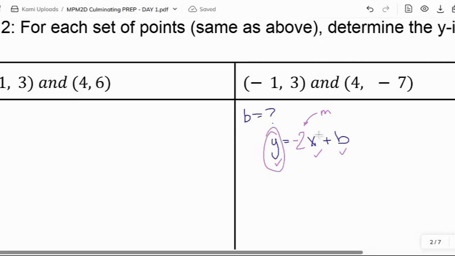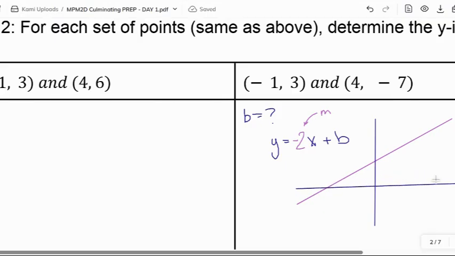So I need to find some values. Well, I've got a point. I've got 2 points actually, and that would cover the x and the y. And I get a lot of questions of does it matter which point I use? Folks, when I have a line on a graph, how many points does this purple line have?